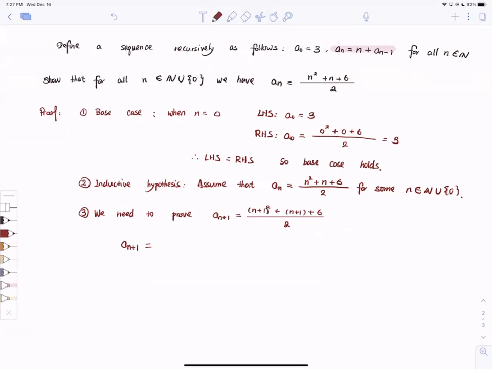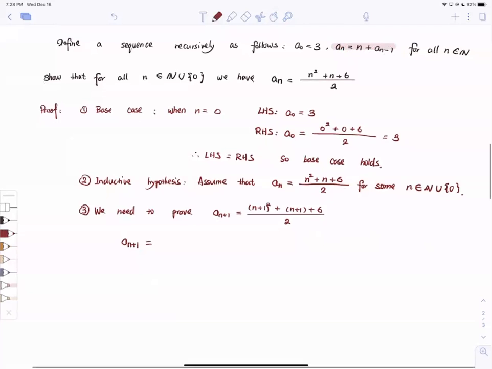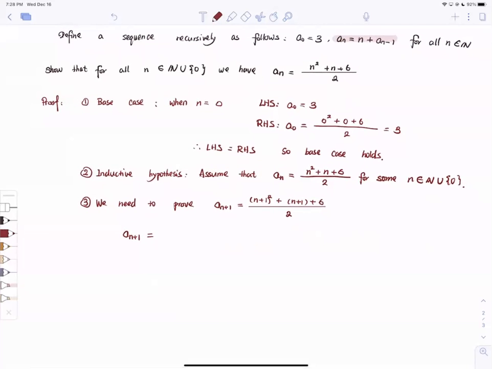Okay, so based on this, I know that every term equals whatever goes here plus the term that's before this. So that means, actually, hold on. Plus, would it be plus a_n or plus 1 plus a_n?